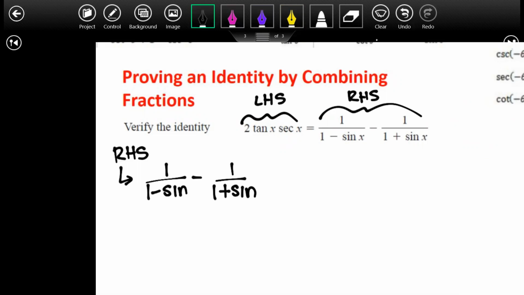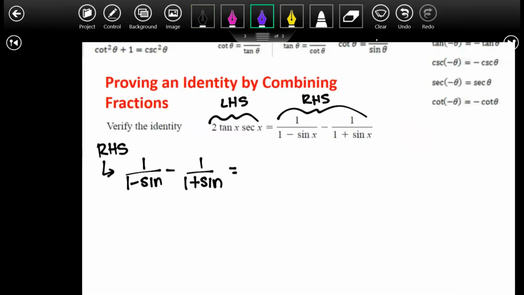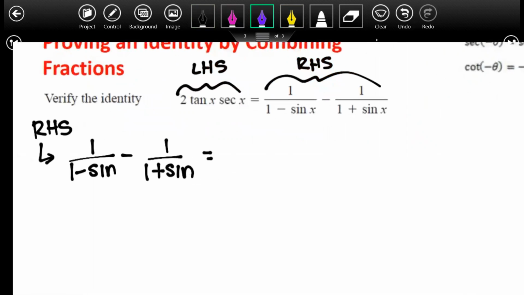Combining fractions, right? The biggest thing is, what step do I use? Well, combine the fraction. How do I combine those fractions? Common denominator. Because this one is very similar to the one on the do now, I'm going to jump without really writing the whole thing out. So this will be 1 minus sine, 1 plus sine.